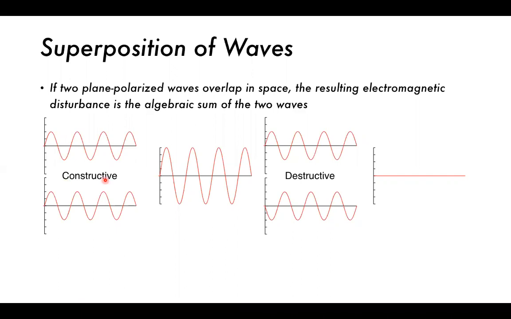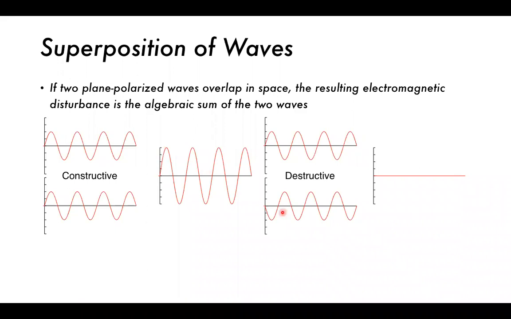So we have constructive and destructive interference. The constructive interference causes an increase in the amplitude. You can see here the amplitude is around 2. If we combine these together, perfectly in sync or in phase, then it doubles, and it goes from 2 to 4.